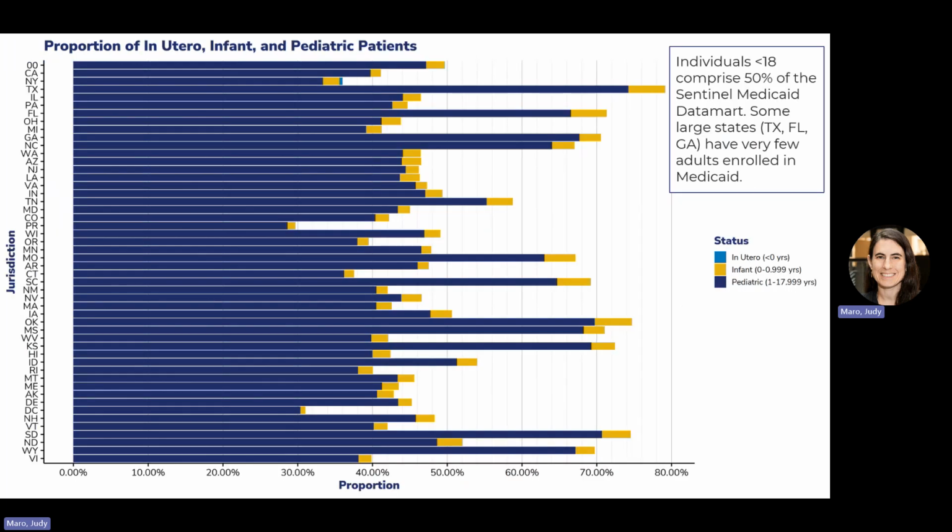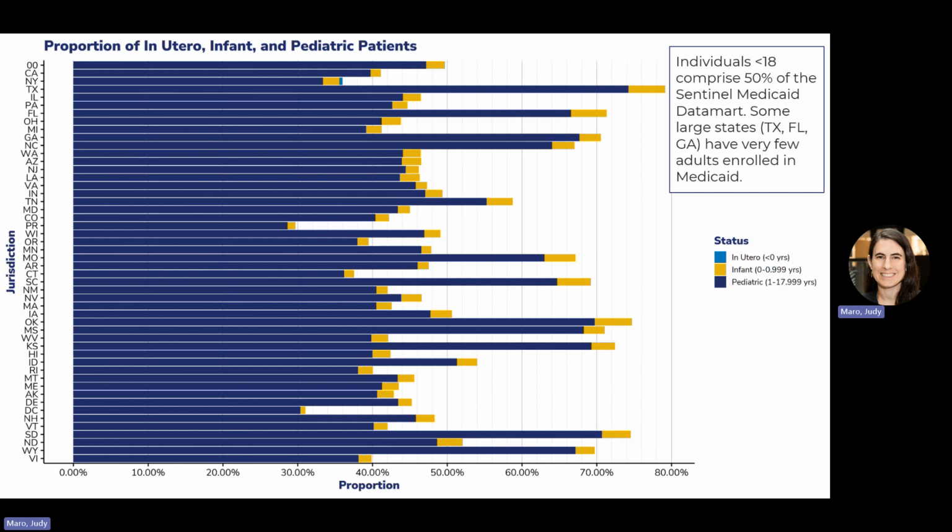This next slide is seeking to capture the data set at one point in time and record the age of everybody in the data set at that time, to give a sense of the difference between pediatric representation and adult representation in the overall data set. The snapshot is taken at the last day of data availability for that particular jurisdiction.